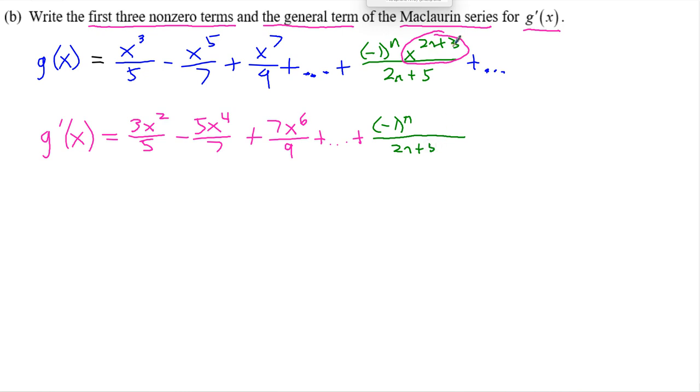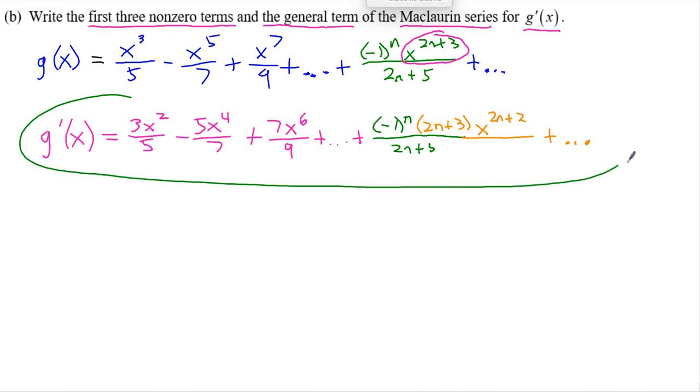Just like these, you first bring the exponent out in front, so we'll have 2n plus 3. And then you subtract 1 from the exponent, just like we did here. So 2n plus 3 minus 1 is just going to be 2n plus 2. So that would be the derivative of the general term. So those are the first three non-zero terms and the general term for the derivative.